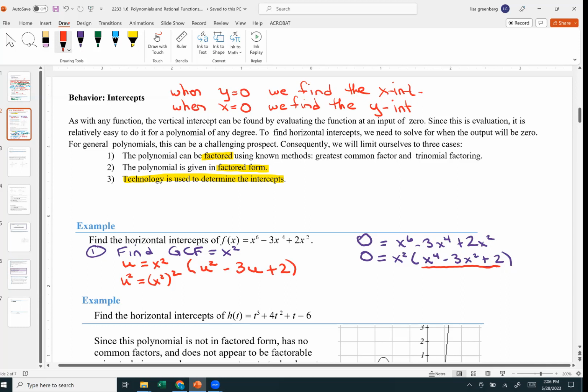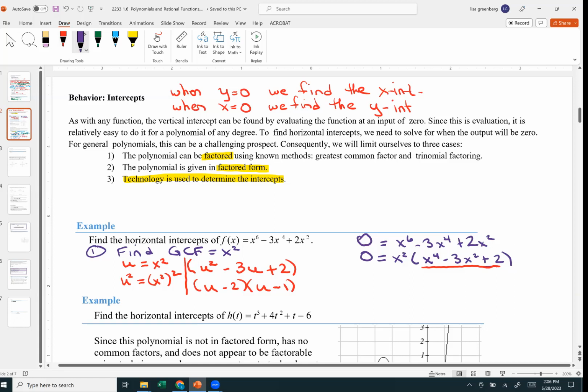And once I get it into this form, I can actually factor it pretty easily. This is u minus 2 times u minus 1. And if you FOIL those back together, you'll see that we actually factored it.